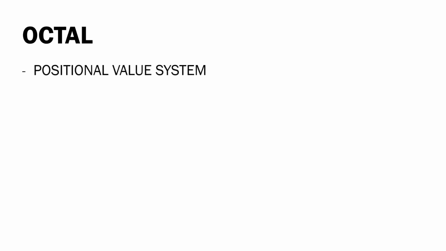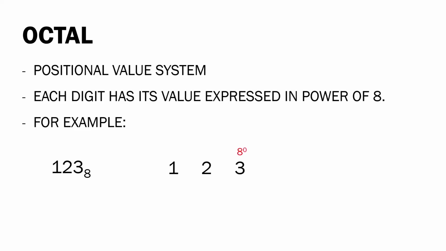The octal number system is also a positional value system, where each digit has its value expressed in power of 8. For example, we have here 1, 2, 3 octal. Since this is octal, the rightmost digit has its positional value of 8 raised to 0.